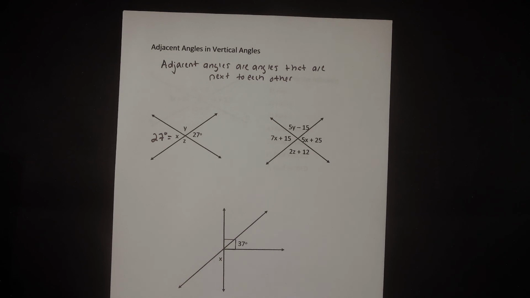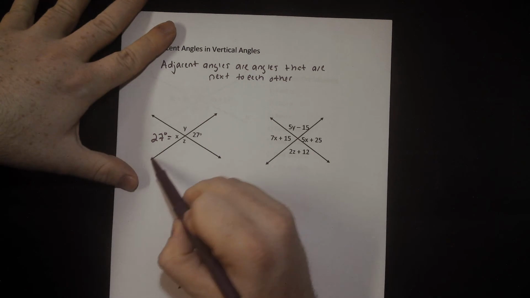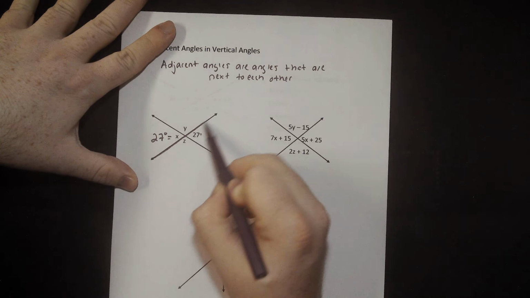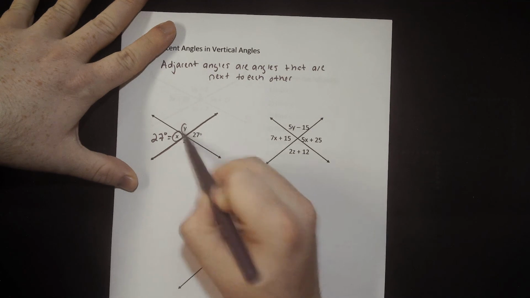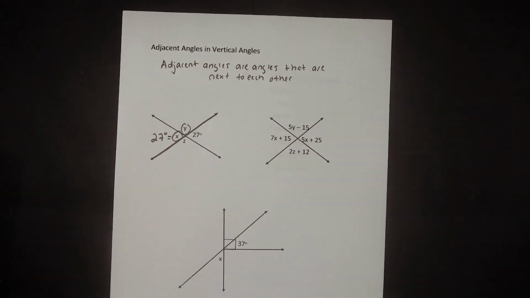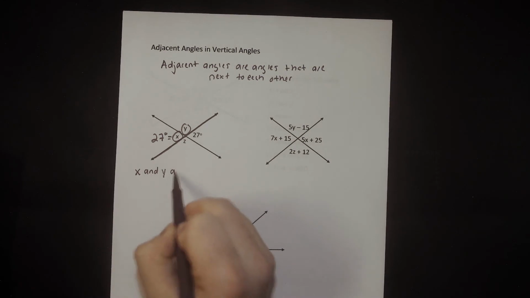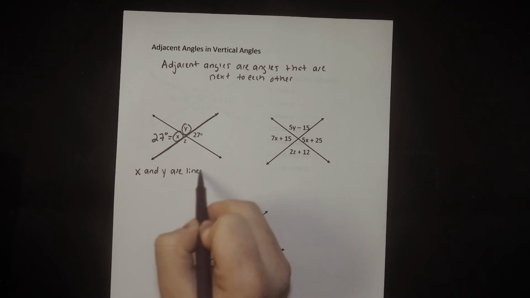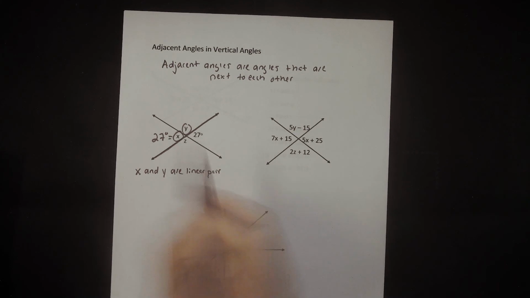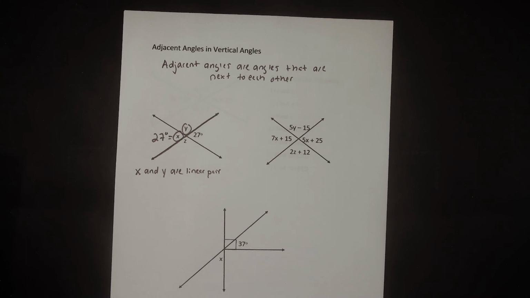If we look back at the last lesson, if I look specifically at x and y, they are together and they form a straight line. That means that x and y are a linear pair. And what did we talk about before with linear pairs?